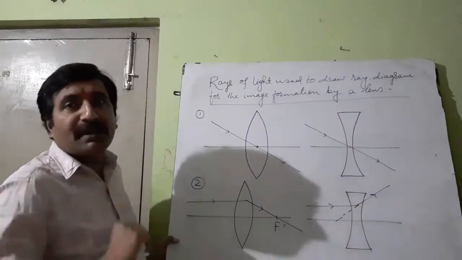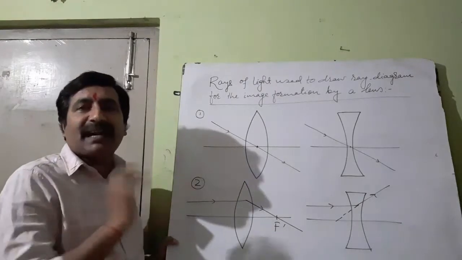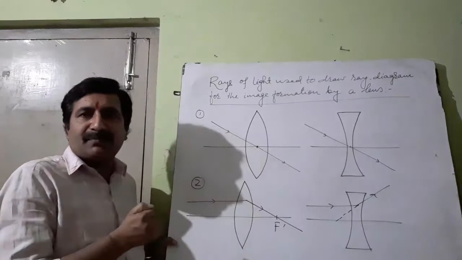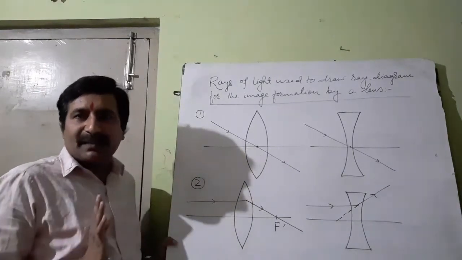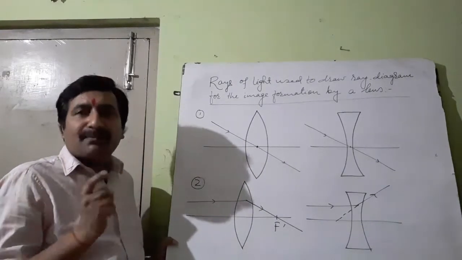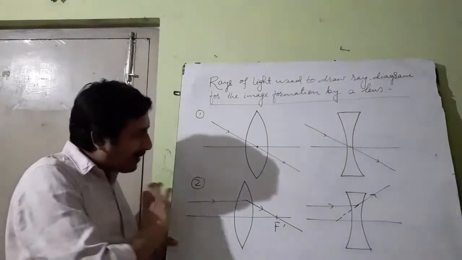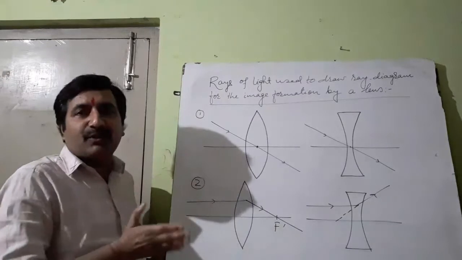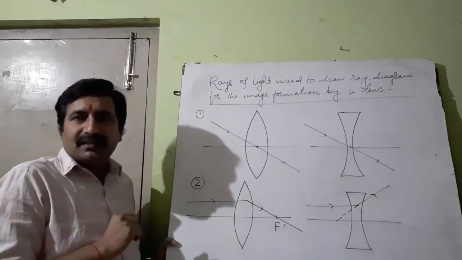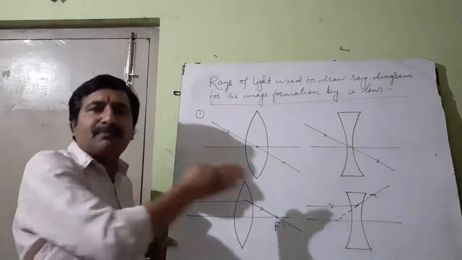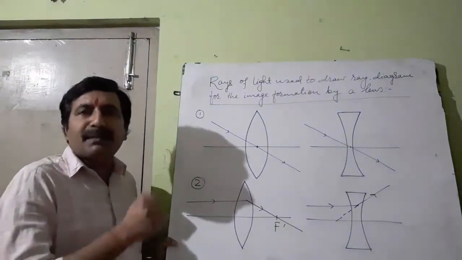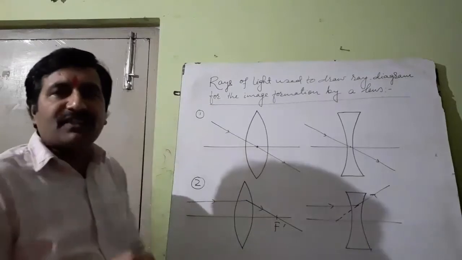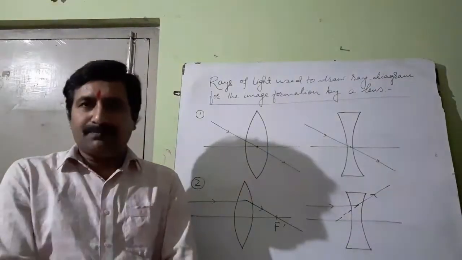One thing should be remembered here, that if the rays are not paraxial, means rays which are very close to the principal axis and parallel to the principal axis, suppose there are some rays of light which are parallel to the principal axis but they are far away from the principal axis, it is not necessary that they will pass through focus. They may pass through some other point. That type of defect is called spherical aberration.